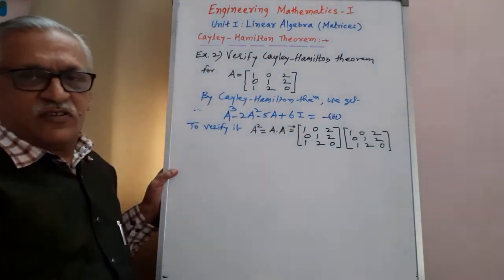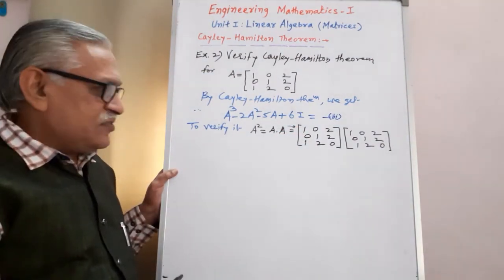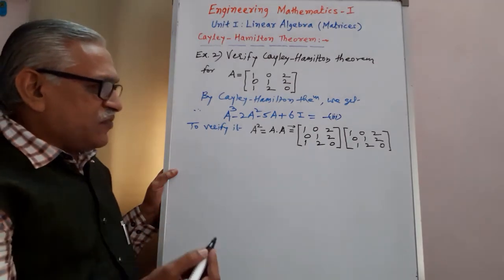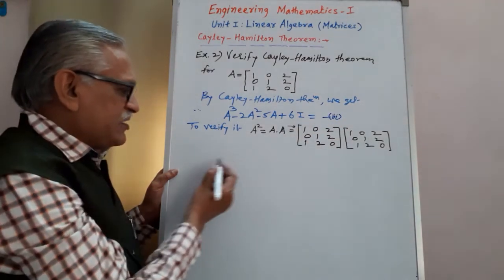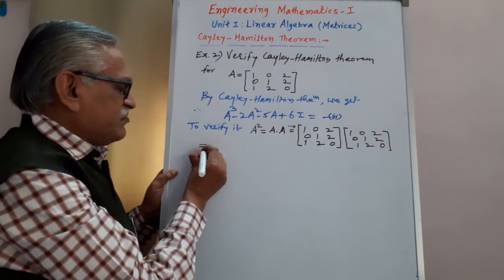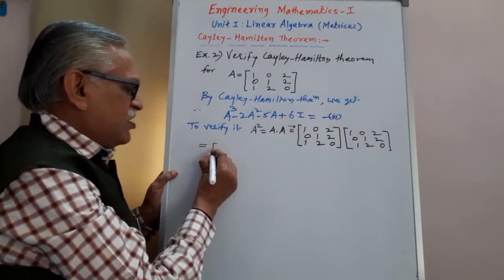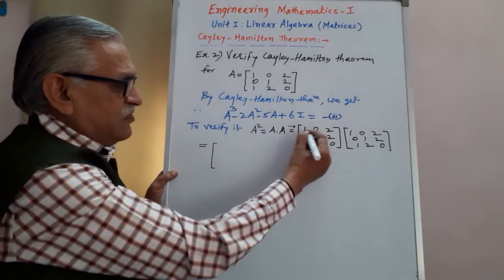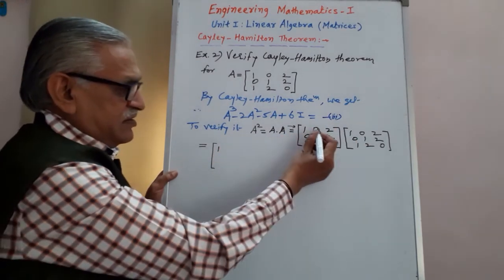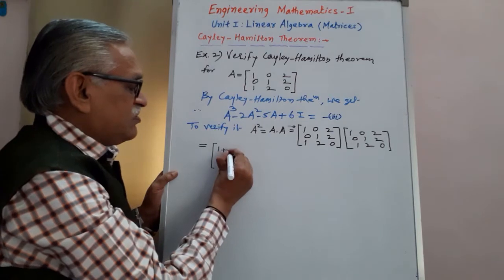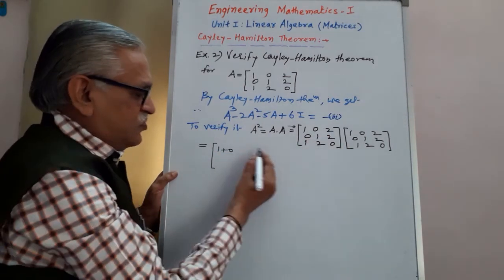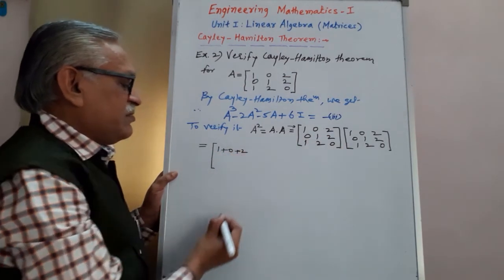Don't use calculus for finding the matrix of A square. Perform it manually, easy calculation. Multiplying by the first column, we get 1 into 1, we get 1, 0 into 0, we get 0, 2 ones are 2, first element.